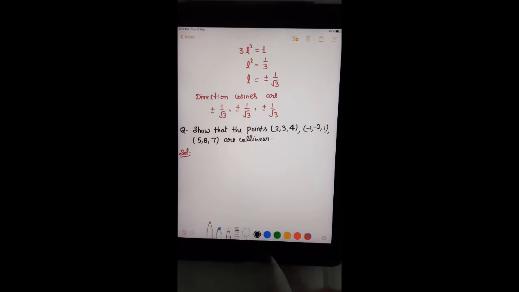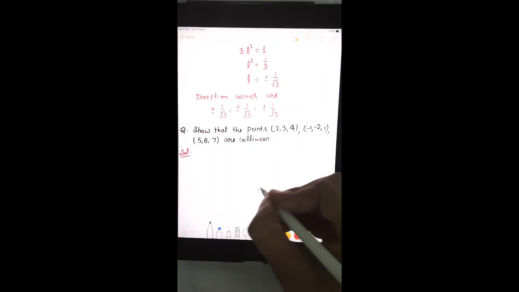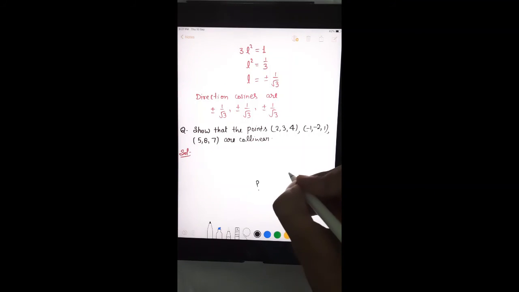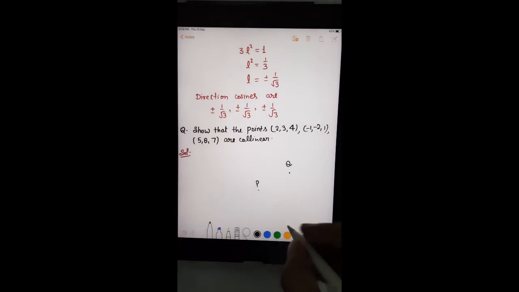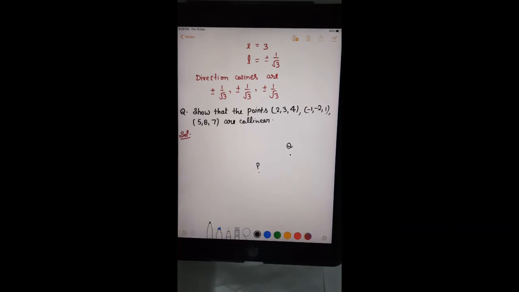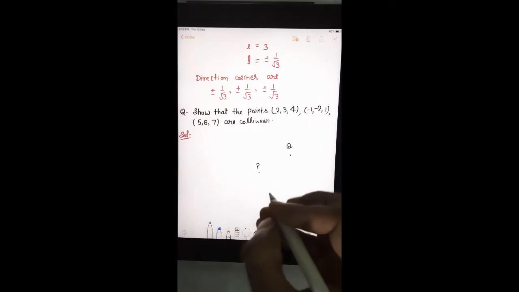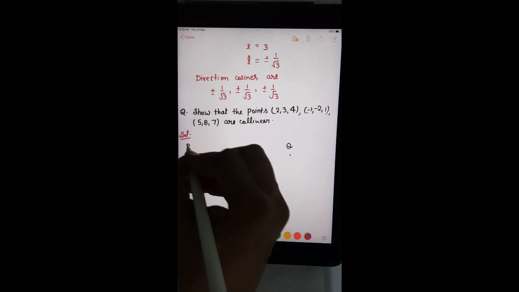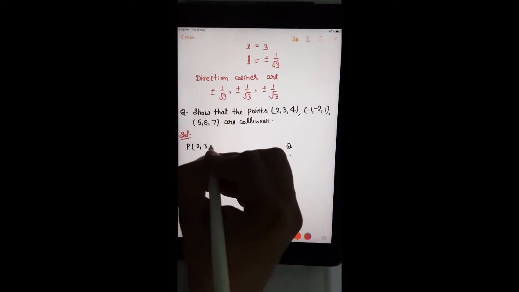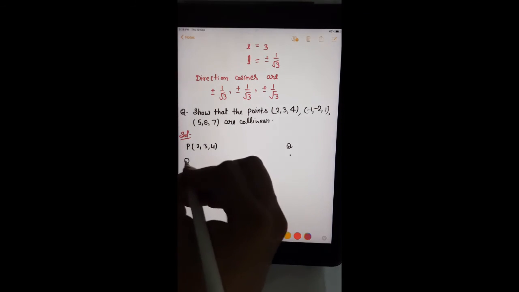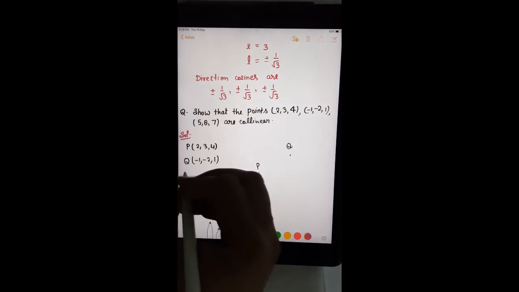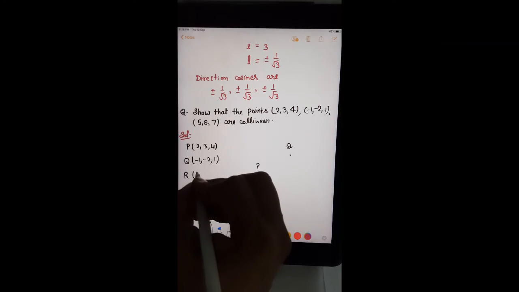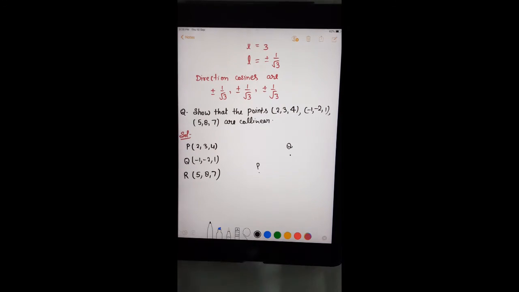So what is the concept here? Let these be the 3 points, point P is here, Q is here. First of all find the direction ratio of PQ. The coordinates of P are 2, 3, 4, coordinates of Q are -1, -2, 1, and coordinates of point R are 5, 8, 7.